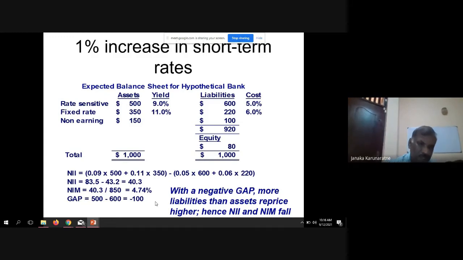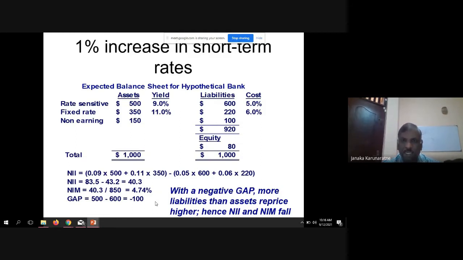If the bank expects there's a possibility that interest rates can go up by 1% over the next 1 year or maybe 6 months, the bank can plug in those numbers and look at what the impact is going to be if that happens. So that gives some feeling about your risk.